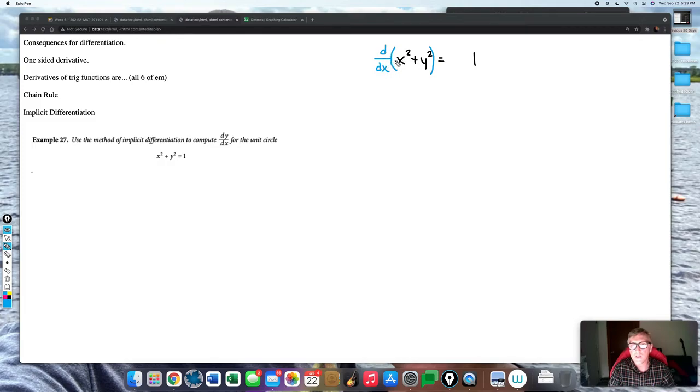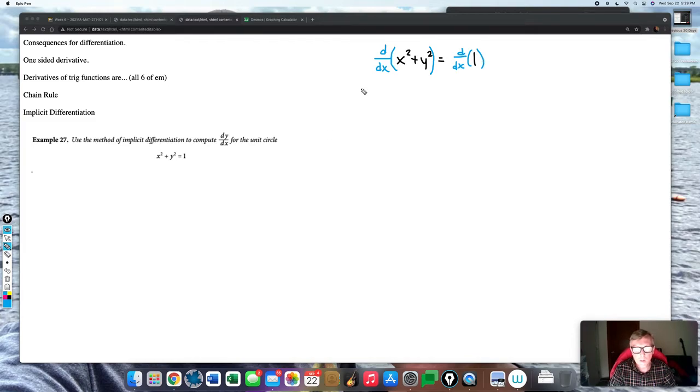I want to find the derivative of this with respect to x. And if I do that to the left side, I have to do that to the right side as well. And so finding the derivative, differentiation, is an operation that you can do to both sides of an equation. And the equation will stay balanced. It will still be equal on both sides.